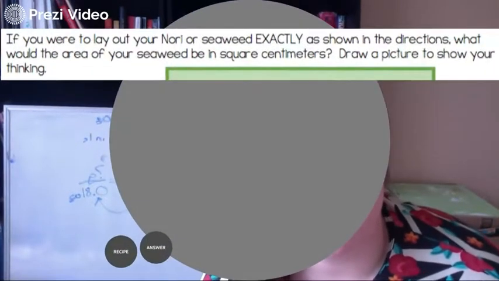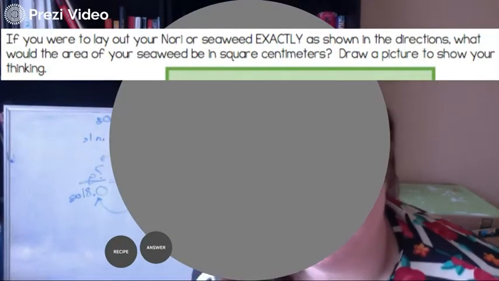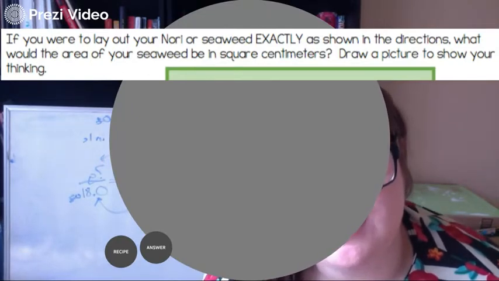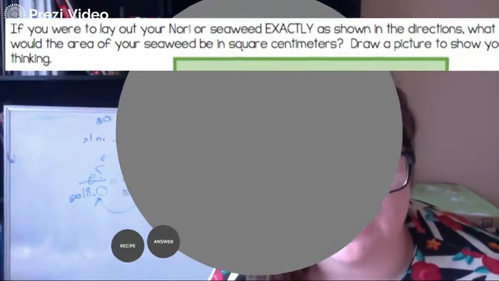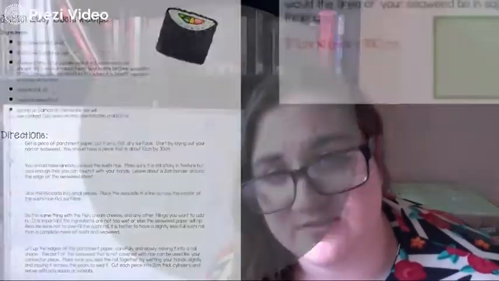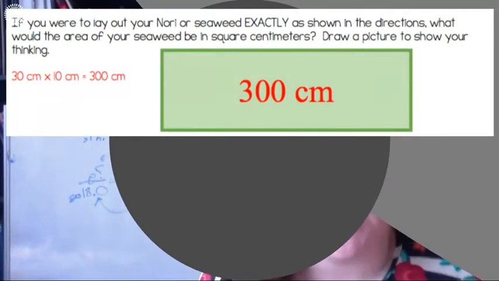So the next thing we're going to talk about is area. If you were to lay out your nori or seaweed exactly as shown in the directions, what would the area of your seaweed be in centimeters? Draw a picture of your thinking. I'm actually just going to skip right to the answer because it shows it really well.